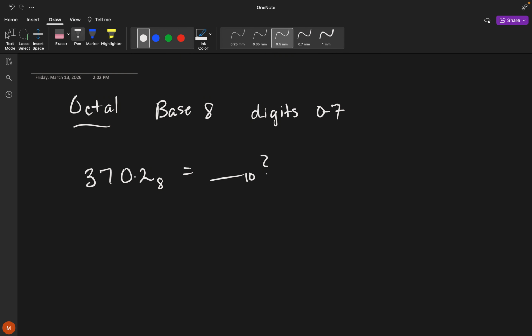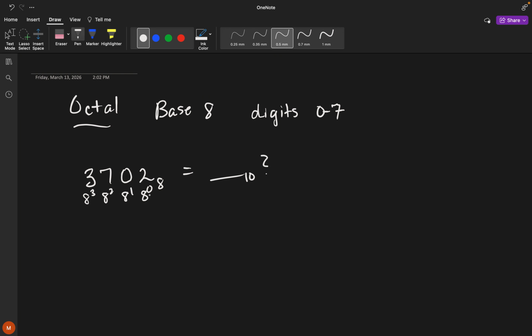So again, this would work the same way, but the base is going to be 8, not 2, not 10. So the big number, 8. The exponent, again, 0. 8 to the 1, 8 to the 2, 8 to the 3, and so on if we had more place values.